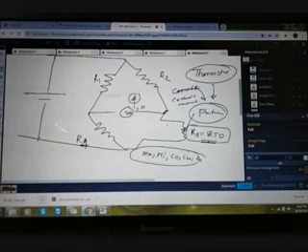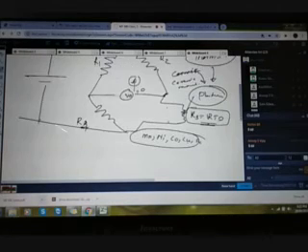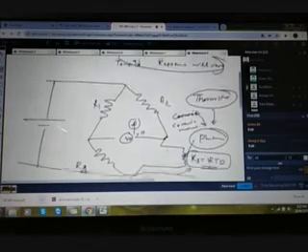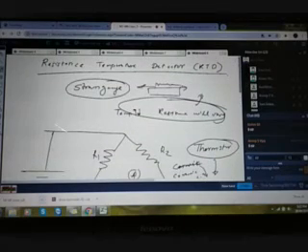These powders are added, and that is used as R3 instead of platinum. That is the difference between the thermistor and a resistance temperature detector. Is this clear to all of you?